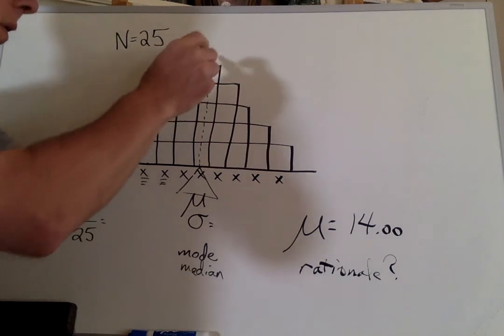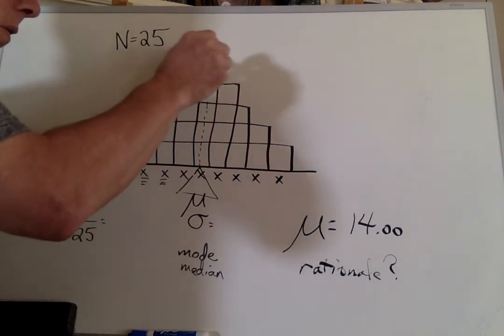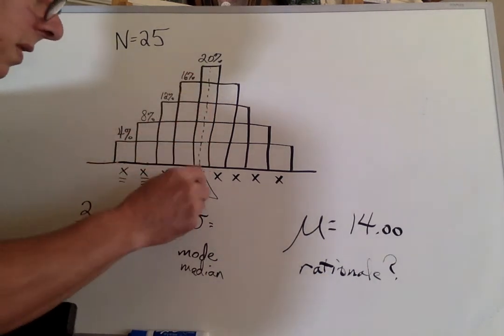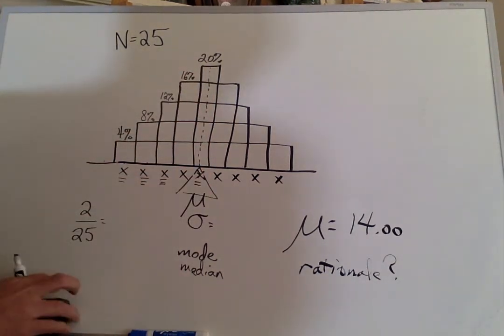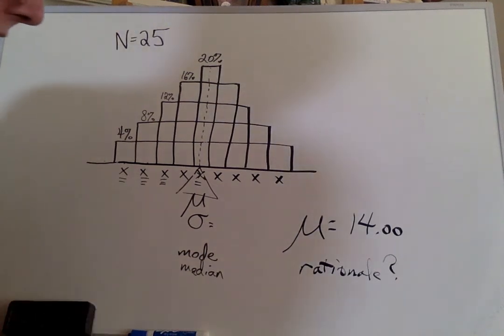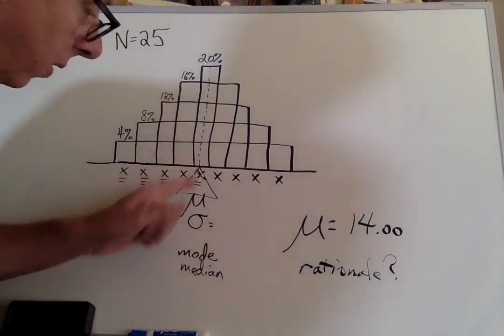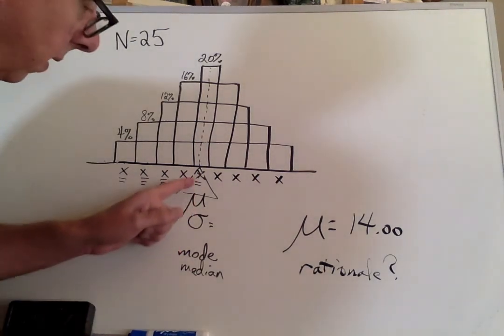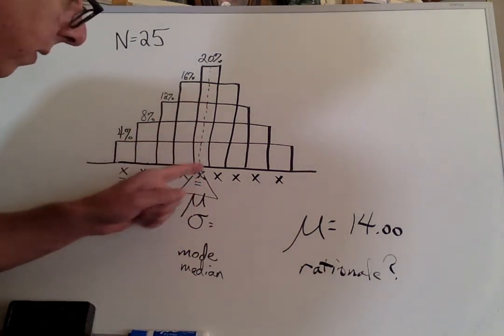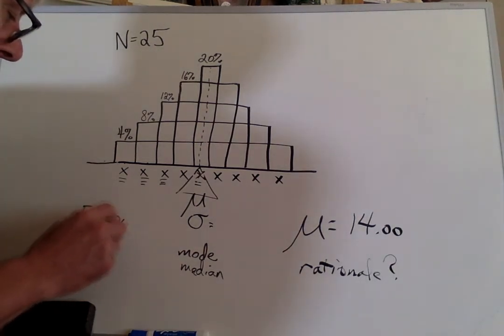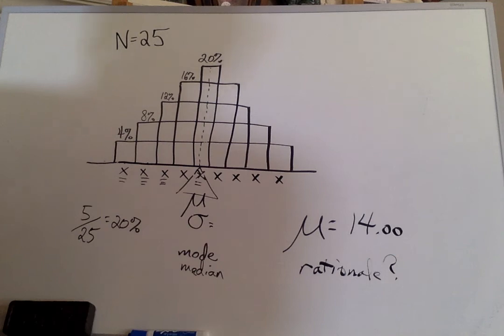16%, 20%, right? There are 5 blocks with this value on it, and this value equals the mean. 5 blocks with the value of the mean. 5 blocks out of 25, that's 20%.